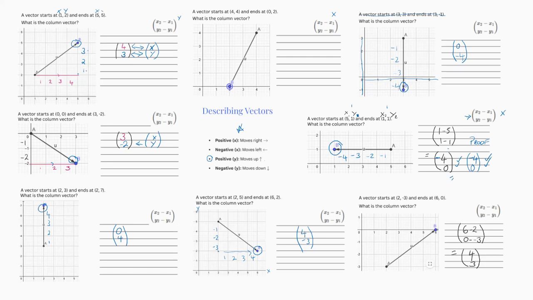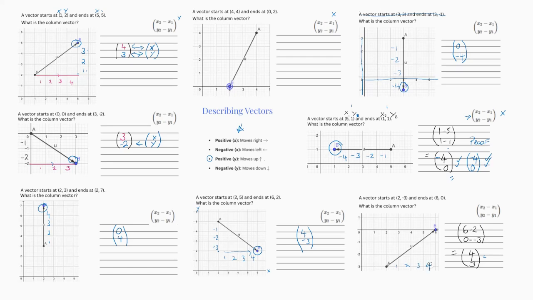Next one, I've put it into that formula. 6 minus 2, 0 minus -3 gives us a column vector of 4 and 3. Now let's prove it. Let's do it our way. If we look at this one, how many across? 1, 2, 3, 4 across.